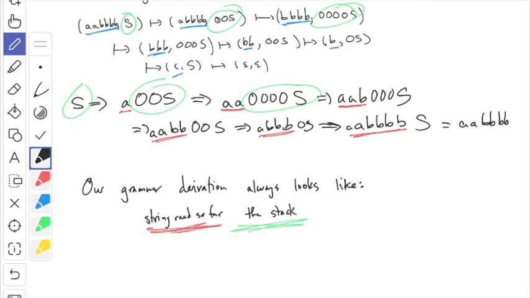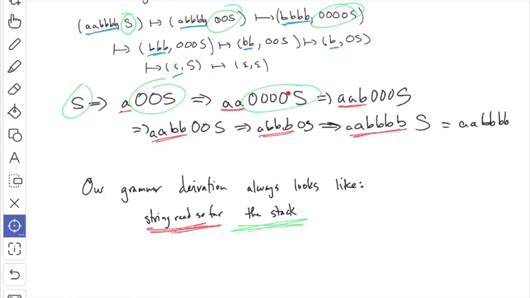So what you see at the beginning is the string which has been read so far, followed by the green part, which always represents the stack. And where these things change from one step to the next as you go through the grammar, the change only occurs right in the middle, where the red and the green meet. That's where it changes from one step to the next.